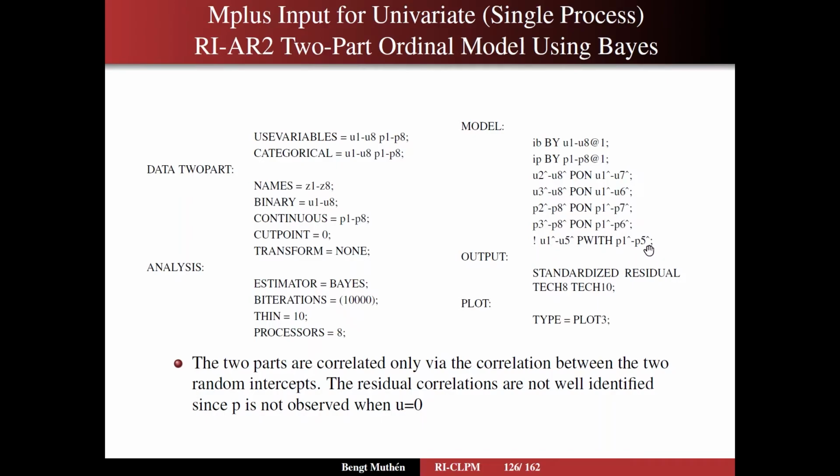And we do not have these contemporaneous covariances, for the same reason as before. So the two parts are correlated only via the correlation between the two random intercepts. That's analogous to what we do in two-part growth modeling. If you look at the Mplus user's guide for growth modeling of two processes using two-part, they're only correlated via the random intercepts or random slopes in the growth model.